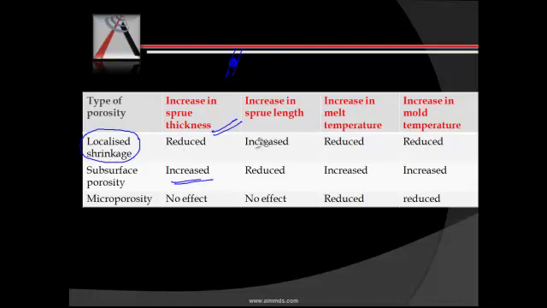Further, if we increase the sprue length, localized shrinkage porosity will increase, just the opposite, but subsurface porosity will be reduced. Increasing the mold temperature will reduce the localized shrinkage porosity, but it will increase the subsurface porosities, while microporosities are reduced by increasing the mold and the melt temperature. This is a very important source of MCQs.